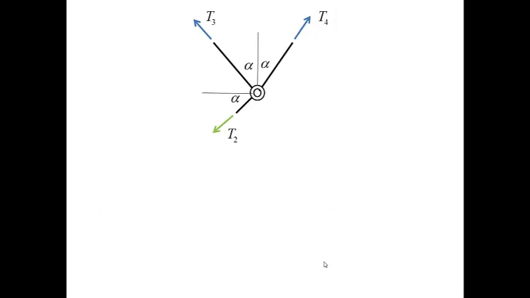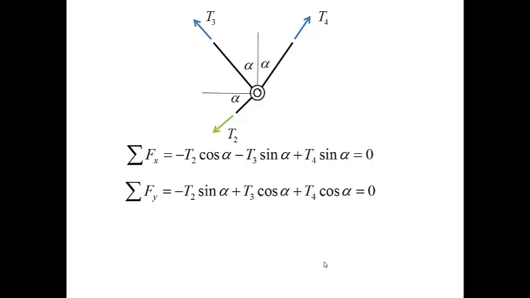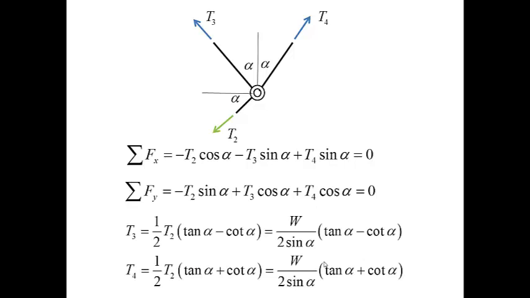The next free body diagram, again, I project the forces on X, project the forces on Y, and I'm not writing down the moment equilibrium equation because, like for the first case, the sum of the moments is trivially equal to 0.